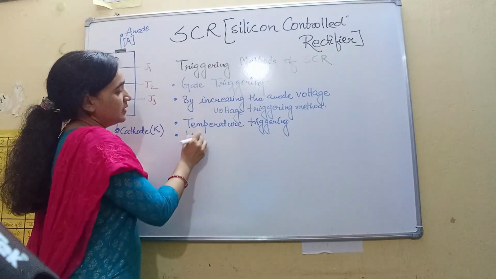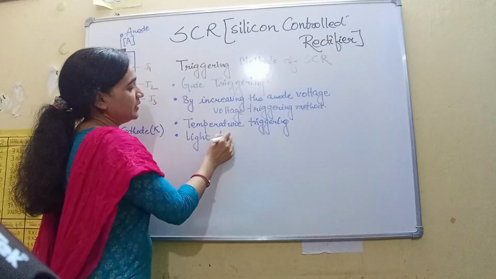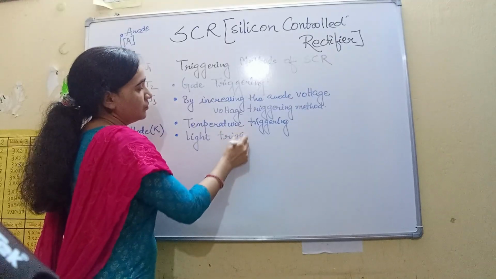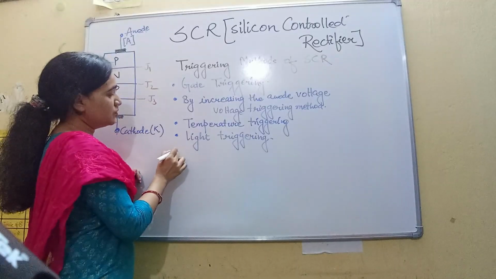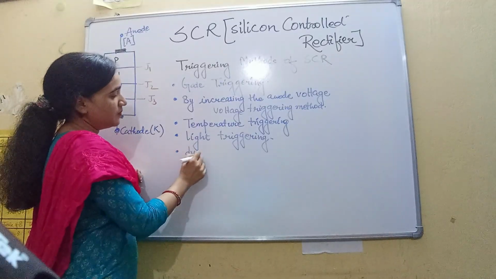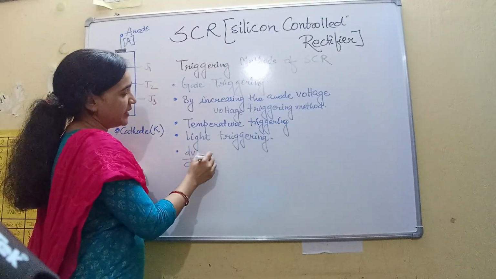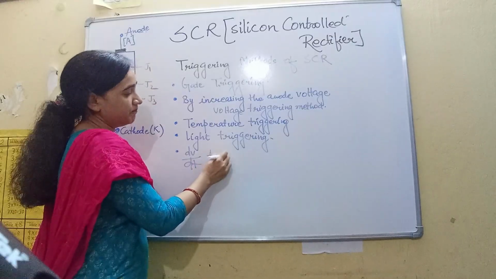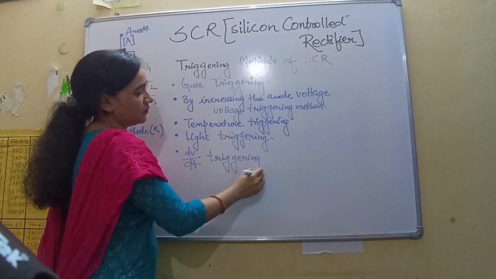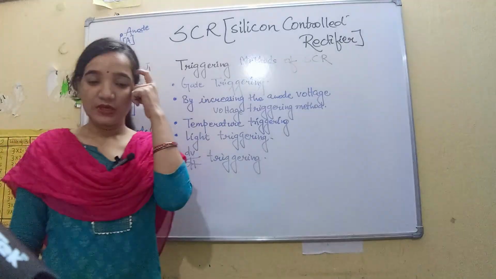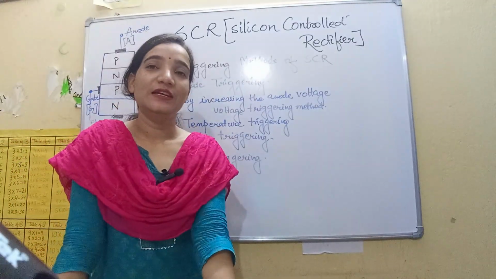Another one is light triggering. And the next one is dV by dt triggering, the change in voltage with time, dV by dt triggering.